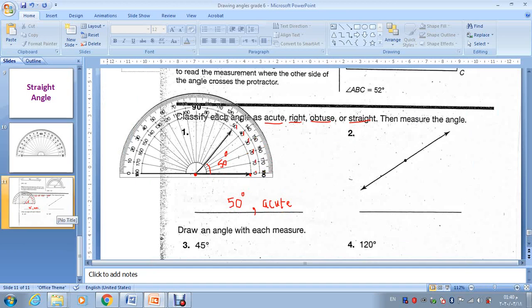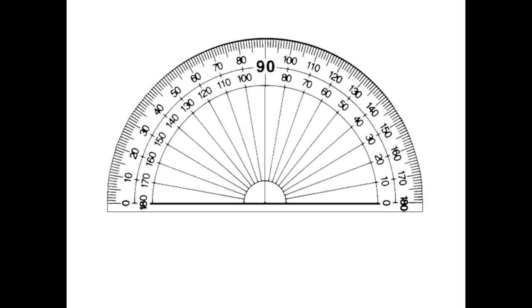Before I continue with you, I want you to know that the protractor has two sides. This side 0, 10, 20, 30, 40, 50, 60, as long as we go this way until we reach 180. It depends from where you start the protractor. Then there's another way from this side, 0, 10, 20, 30, 40, 50, 60, 70, 80, 90, up till we reach 180.